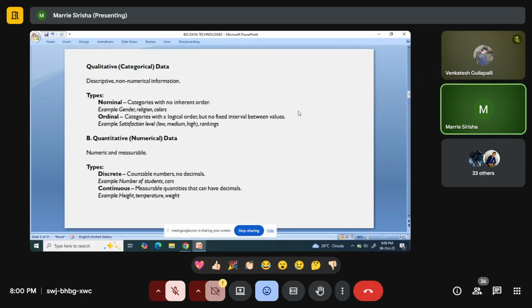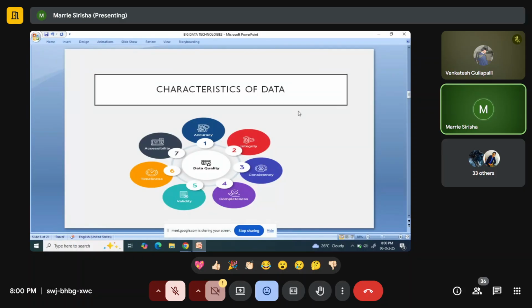Next comes characteristics of data. We have discussed types, what is data and all, but what are the characteristics data should have? That we are going to learn. See, there are a lot of characteristics; if you browse your websites, you can use ChatGPT.